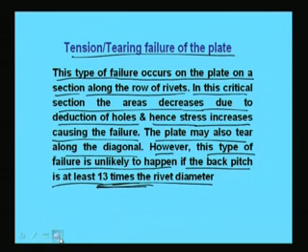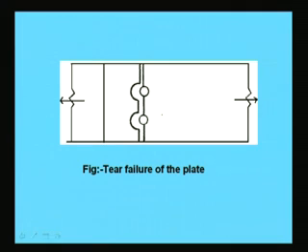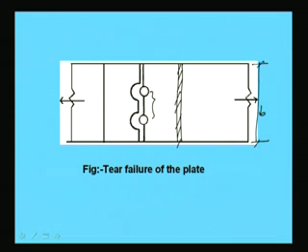And so, what we are seeing here is that this failure will happen when this distance is less. In fact, suppose the strength of the plate in this section will be what? Simply, if this is B and if thickness is T, then strength is B T into sigma, the allowable stress, right.